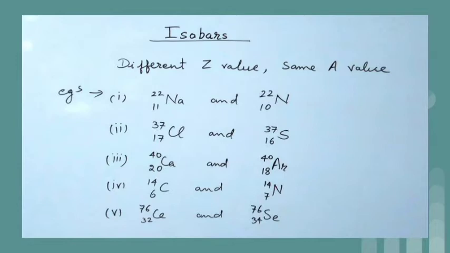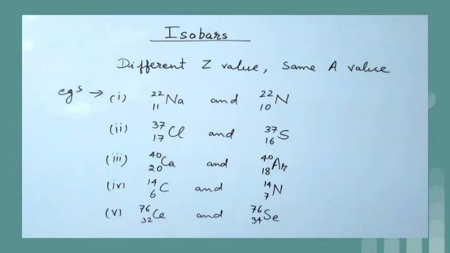Sodium 22 and nitrogen 22 are isobars. Chlorine 37 and sulfur 37 are also isobars. Some more pairs are calcium 40 and argon 40, then carbon 14 and nitrogen 14, cesium 76 and selenium 76 are also isobars.